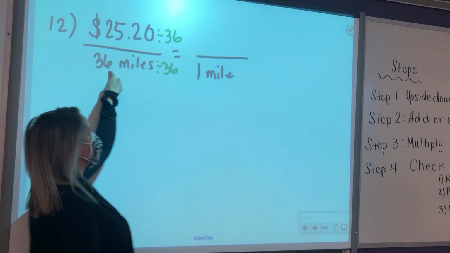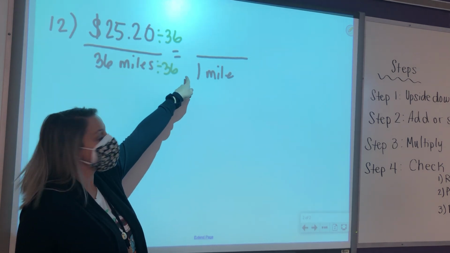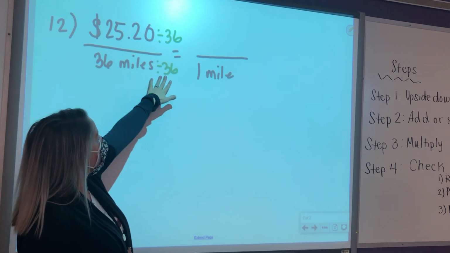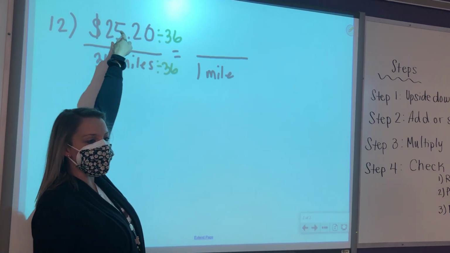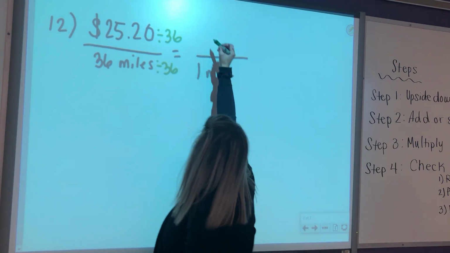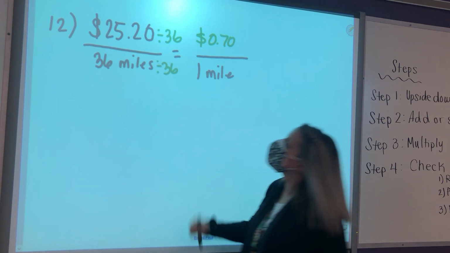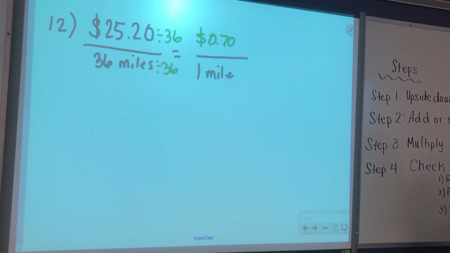Very good. I'm trying to get from 36 to 1, so 36 divided by 36 gives me 1. If I divide by 36 in my denominator, I also need to divide by 36 in my numerator. So, $0.70 per mile. That's pretty cheap.